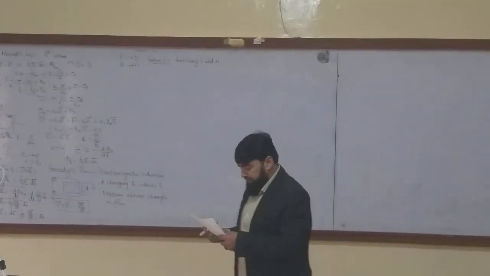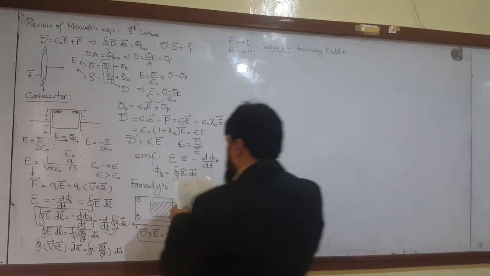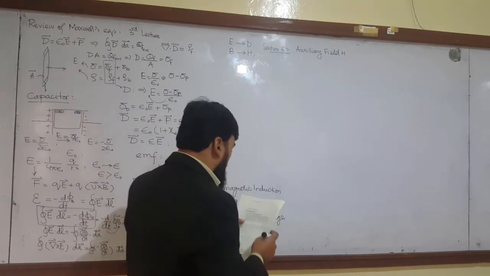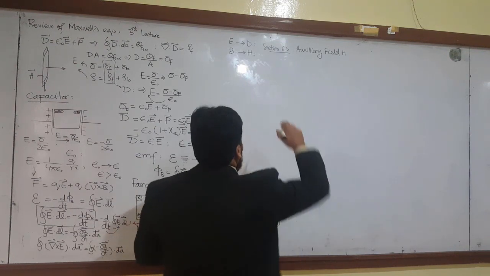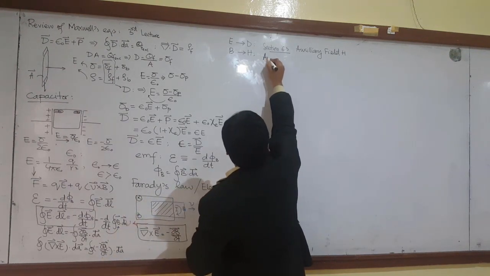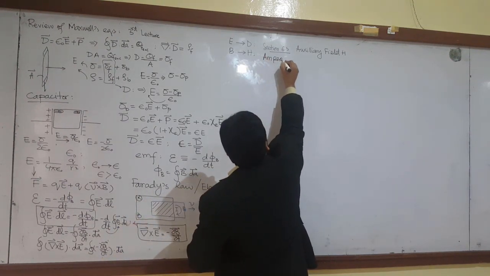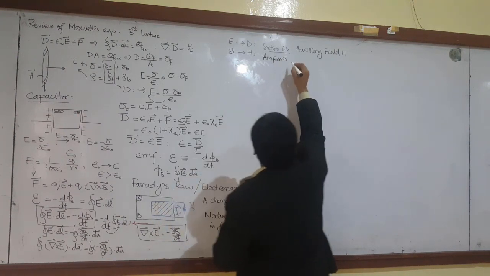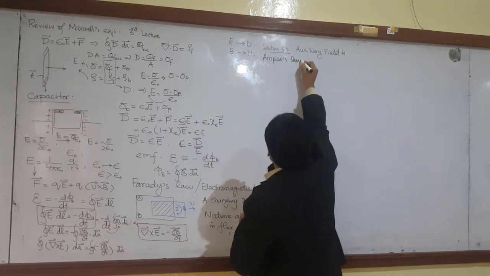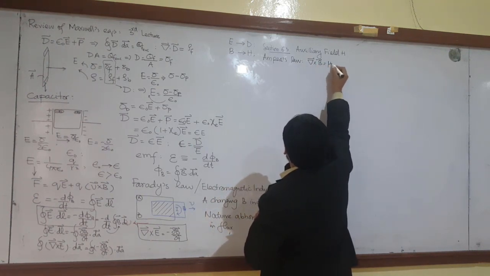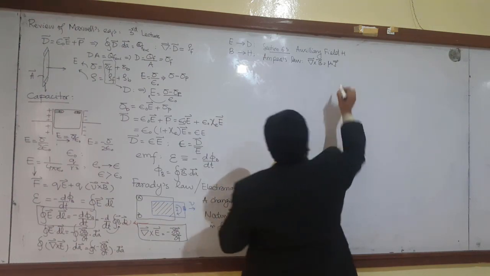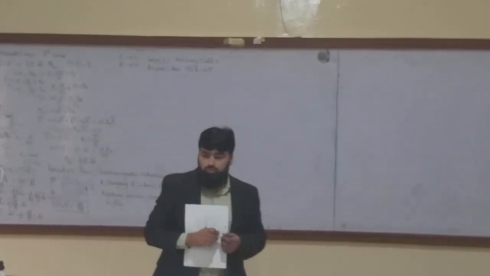We have written Ampere's law for vacuum, which was del cross B equals mu naught J. This is Ampere's law for vacuum.